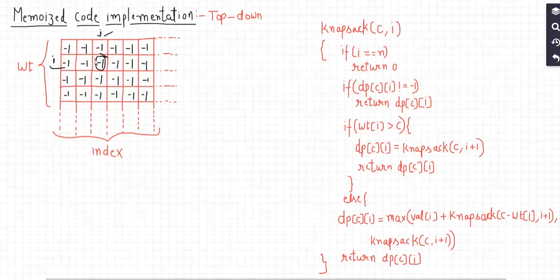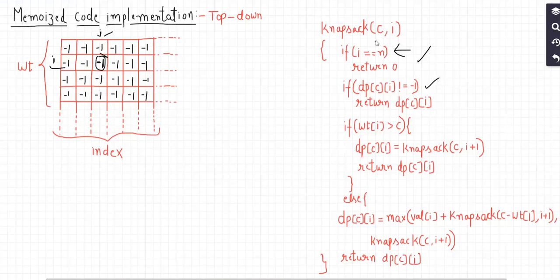If it is not computed, then we would have -1 here. If it is computed, then we would not have -1 here. That's why we store -1, so that we can check for that particular pair. Here, if I reach the end of the array, I simply return 0 because I have exhausted the array. Now I do not have any item left.